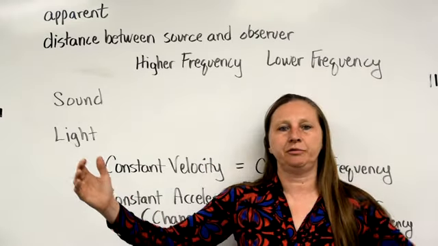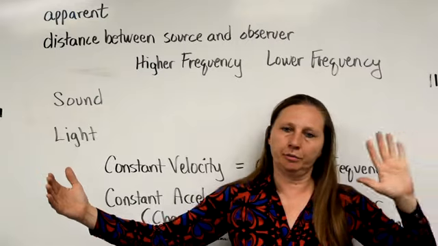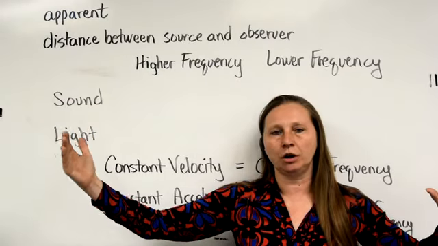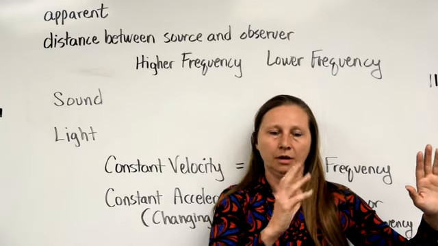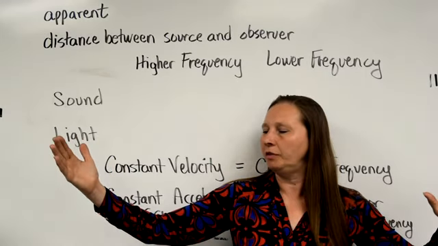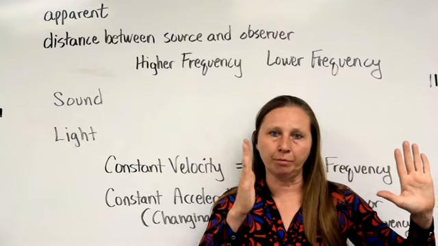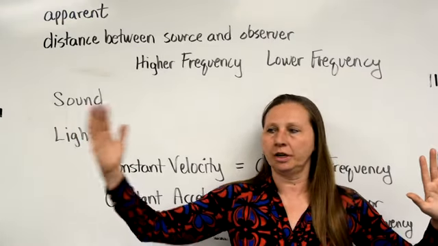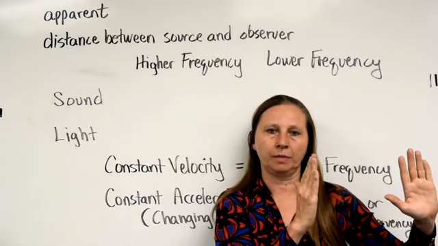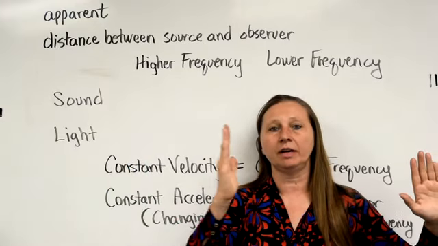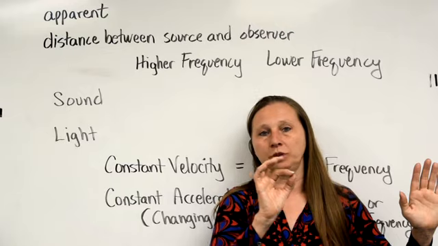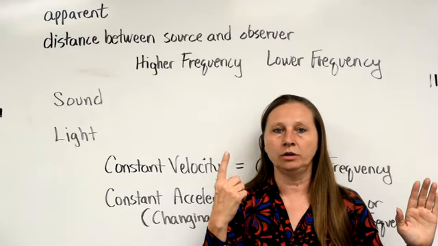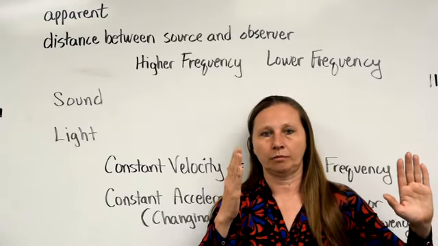If the observer is standing here and the police car is here, and the police car is traveling at a constant velocity, then the waves are getting scrunched up because the police car is getting closer and closer to the person. But since the police car is traveling at a constant velocity, that change in frequency, there's one change in frequency there.